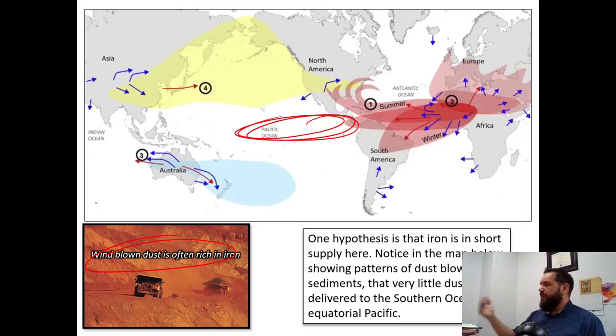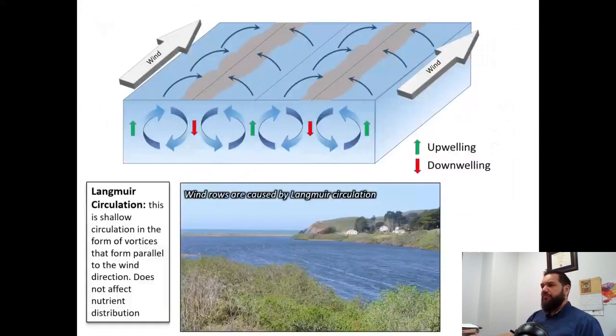We talked about that. Number 13, HNLC zones, and some theories to explain them. It has to do with the fact that there isn't sufficient iron being brought into the oceans by wind-blown dust. Okay. All right. So we're going to go on now to talk about El Nino and La Nina effects.